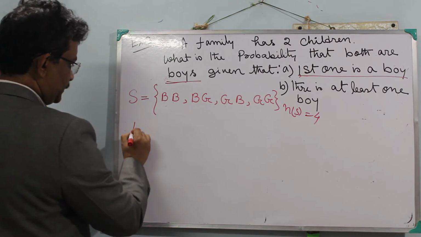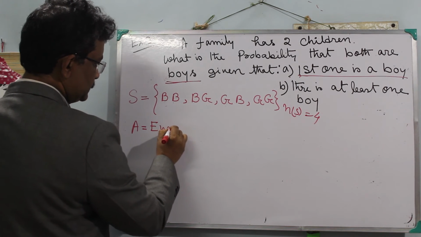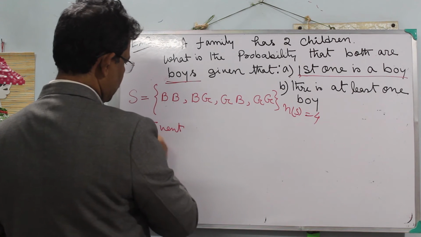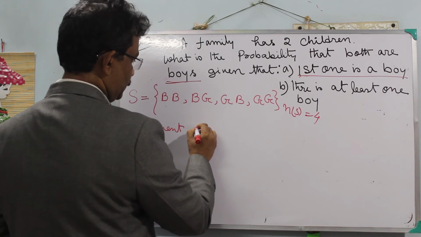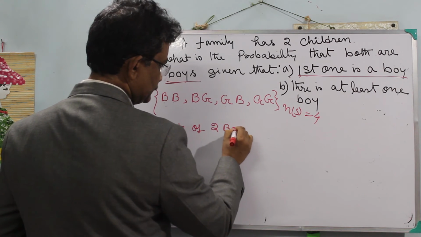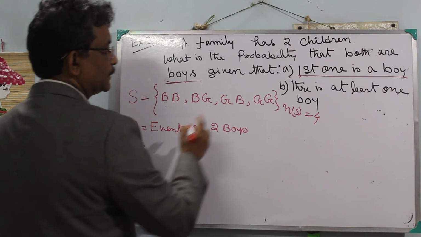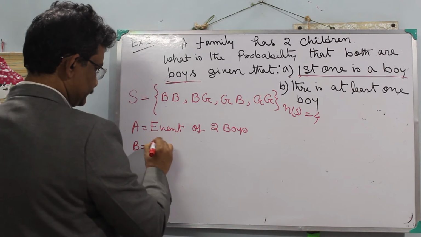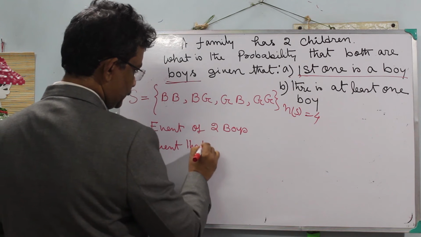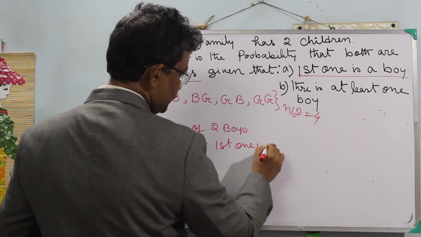Considering A as an event, A is the event of two boys, and B is the event that the first one is a boy.